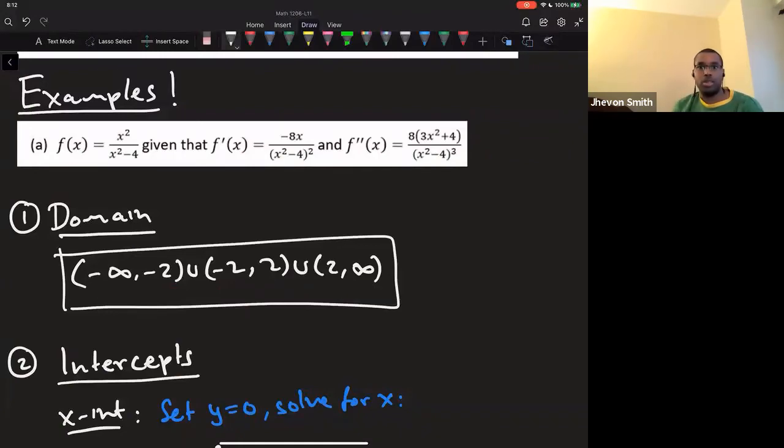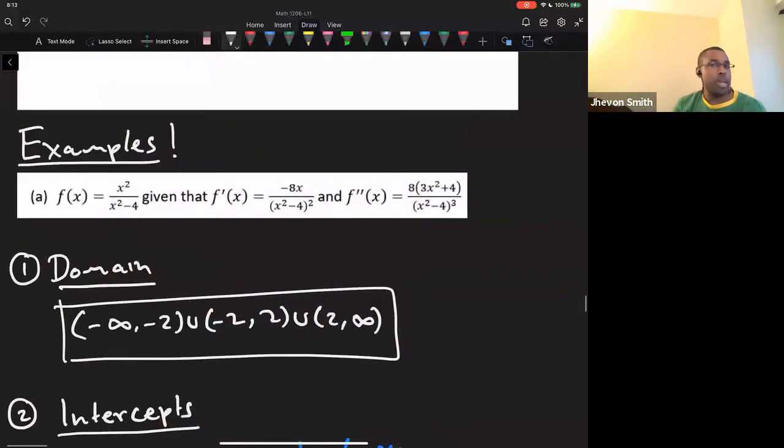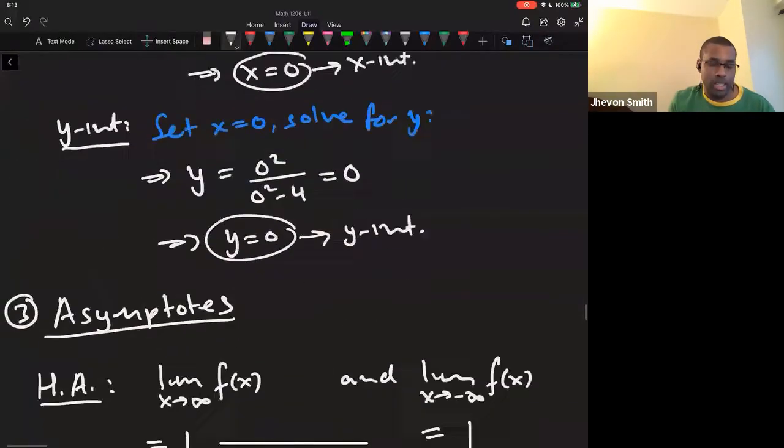And so that's the issue. That's why the domain is important. What can happen sometimes is that your graph will do things that look like a max or a min or an inflection point, but the point is actually not even on the graph. There's no point there, so you can't be any of those things. That's why looking at the domain is important.